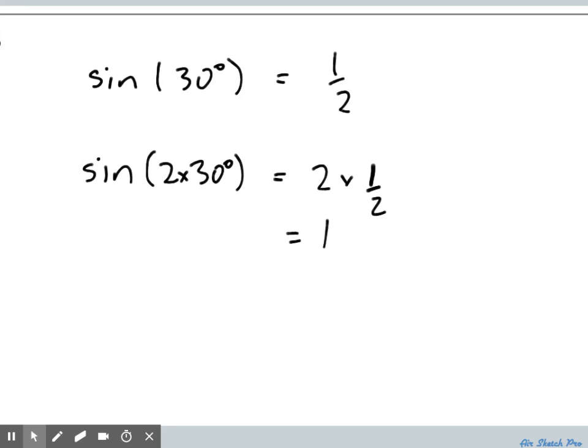No, of course not. The sine of 2 times 30 degrees is just the sine of 60 degrees, which is equal to √3 on 2, right? So doubling the angle on the inside doesn't have a direct relation. There is a relationship, but just by observation, you can't just magically multiply it by √3 or something like that. It doesn't work like that.